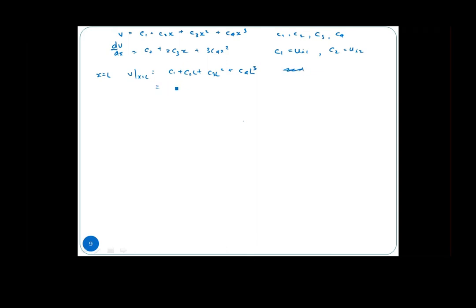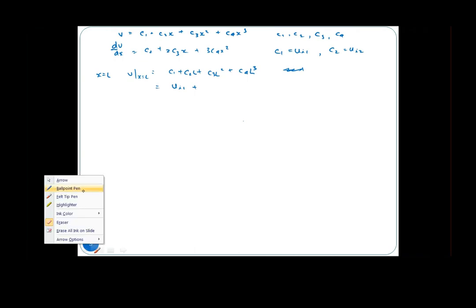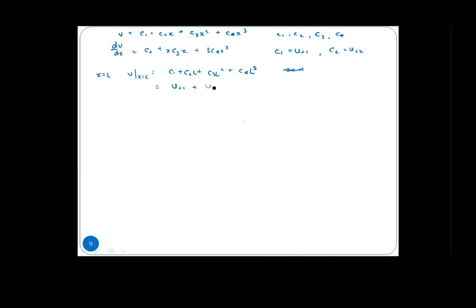If I have my c1 already as ui1 and c2 as ui2, then we have ui1 plus ui2L plus c3L squared plus c4L cubed. So that is our equation, and we are left with unknown c3 and c4.